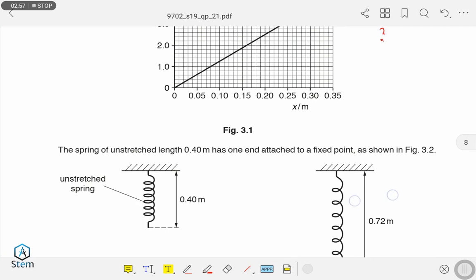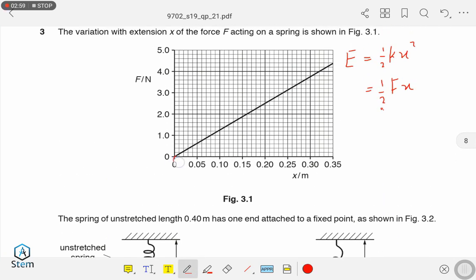From 0.4, this is the point when the length of the spring is 0.4, and let's see the point where the length of the spring is 0.72.